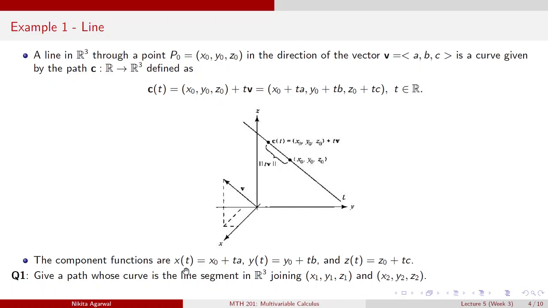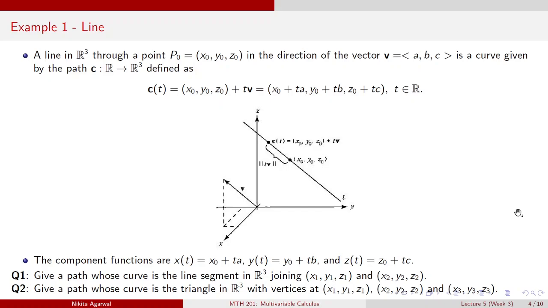We looked at the equation of a line segment. Now, the second question: give a path whose curve is the triangle in R3 with vertices at these 3 points.